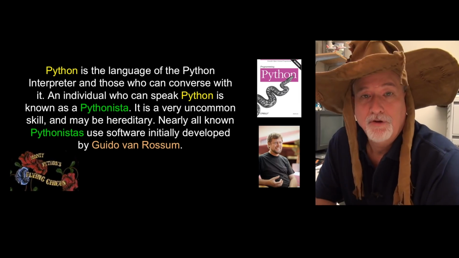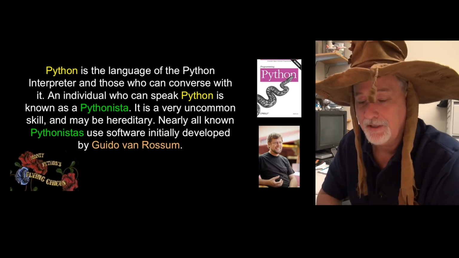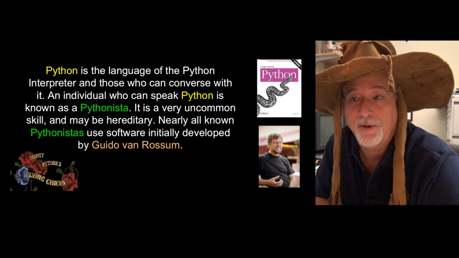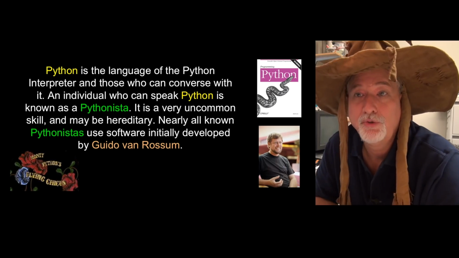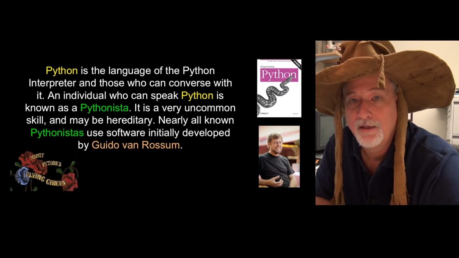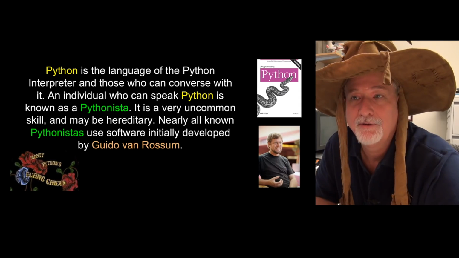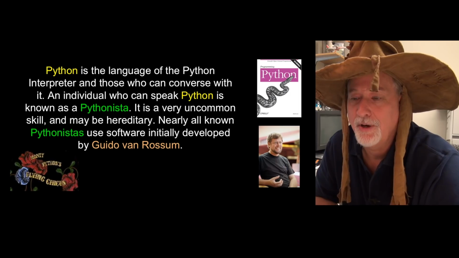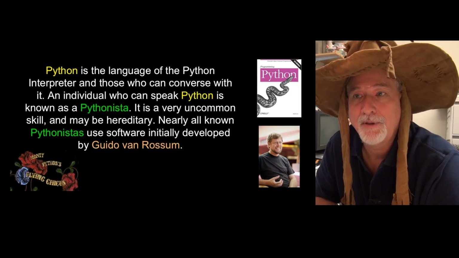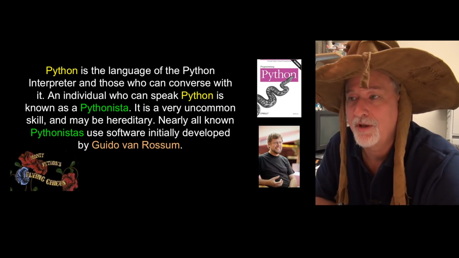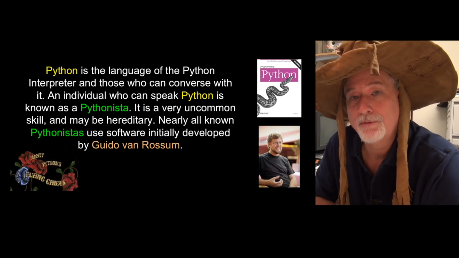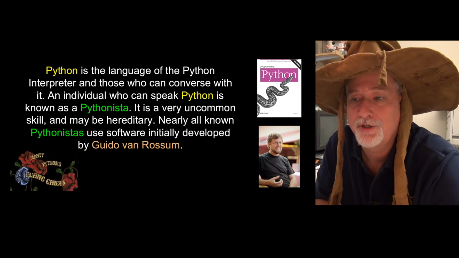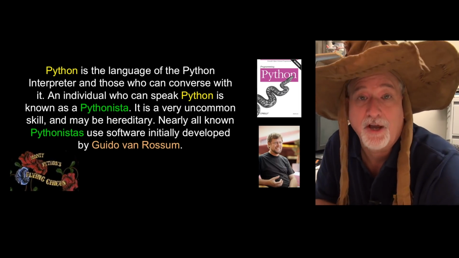Even though I'm using this whole snake Slytherin thing, it turns out that Python was not at all named for Harry Potter, because Python was invented almost two decades before Harry Potter was created, and it wasn't named for the snake. It was actually Monty Python's Flying Circus that was the inspiration for the name Python, because Guido van Rossum really wanted to create a programming language that, while it was very powerful in its very nature, was also fun.